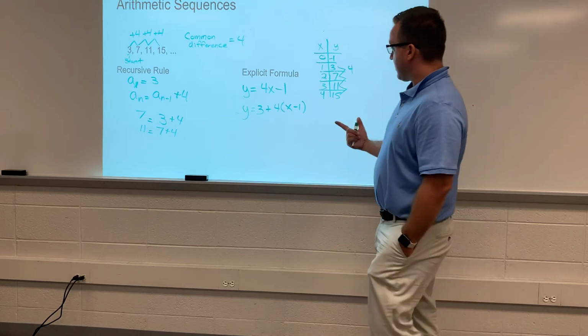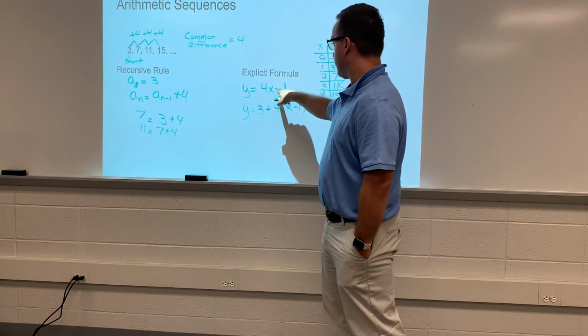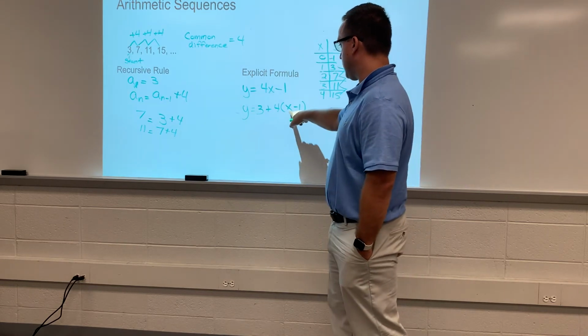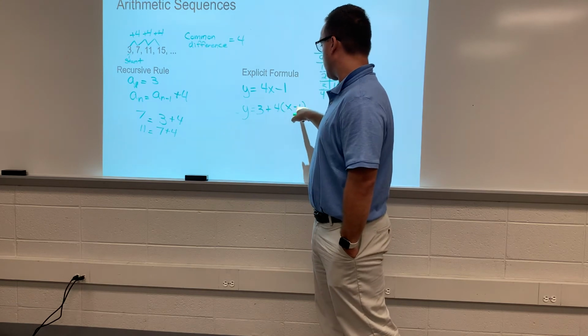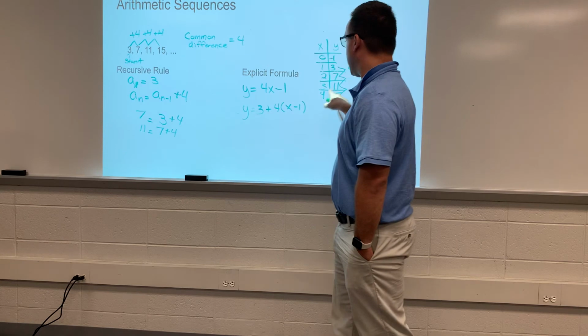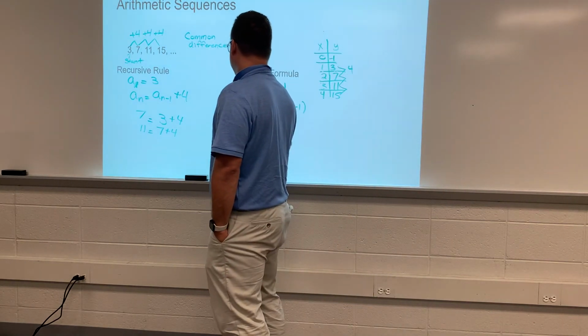So if you notice here, if I work that out and I substituted 3 in, 4 times 3 is 12, minus 1 is 11. And if I substituted 3 in here, I'd have 3 minus 1 is 2, 4 times 2 is 8, plus 3 also is 11. So both of these say the same thing.